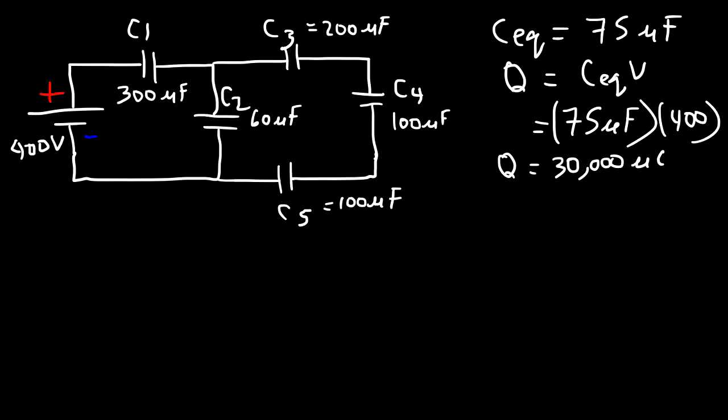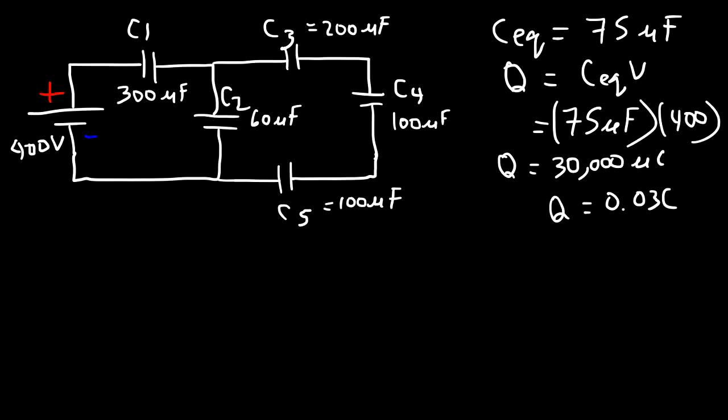I could say it's 30 millicoulombs, or you could say it's 0.03 coulombs. If you write it as 30,000 times 10 to the minus 6, that's 0.03 coulombs.